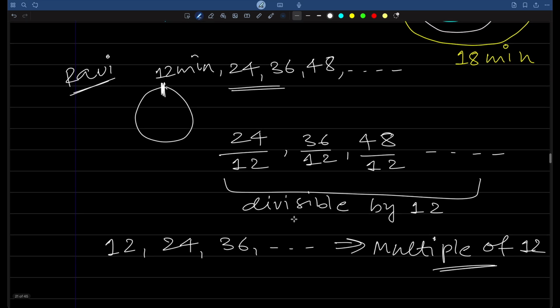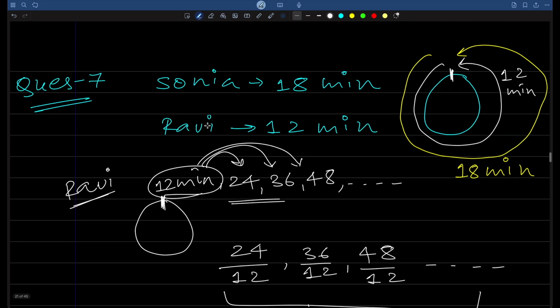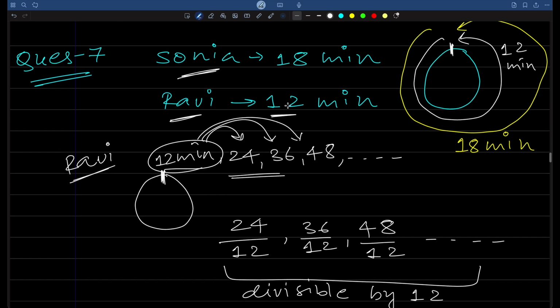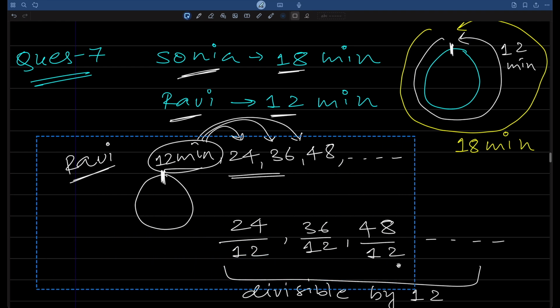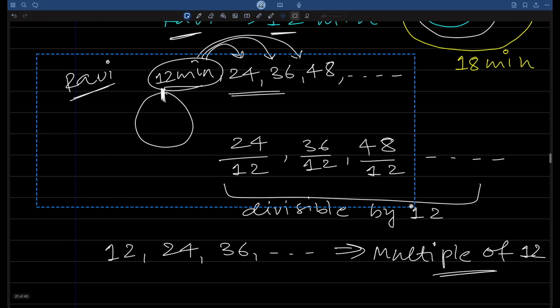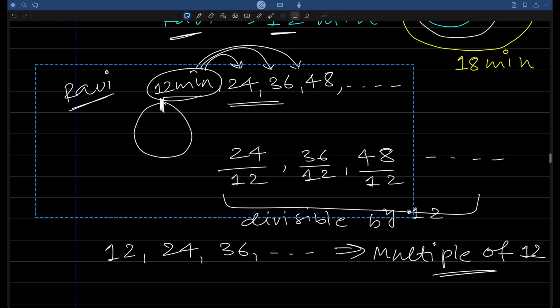So if Ravi starts to run, he will come to the same point after a multiple of 12. So if both Ravi and Sonia start to run, they will come to the same point after a common multiple of 12 and 18 for the first time. That is, we have to find the LCM, least common multiple, after which they will meet for the first time.